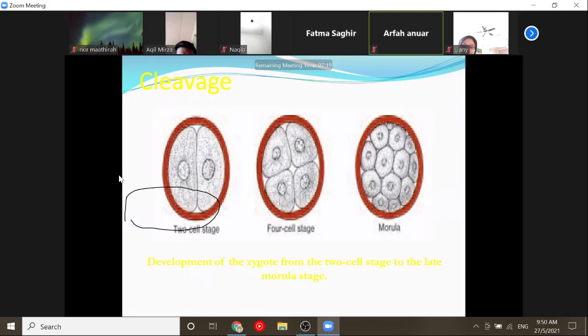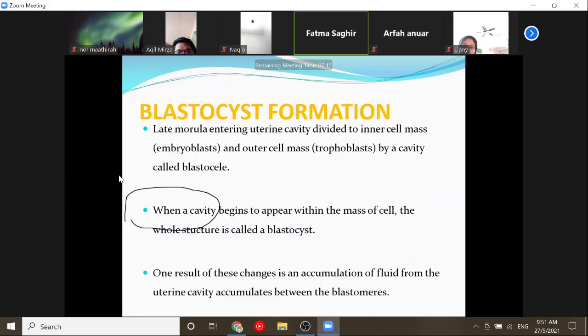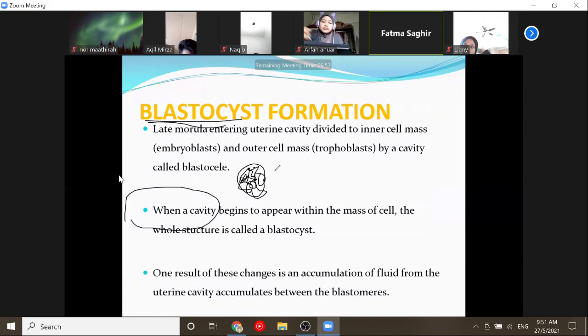So from morula will be developed into blastocyst. This is blastocyst. Morula is a group of cells, like a ball, small cells bound together. This morula will be differentiated into blastocyst.